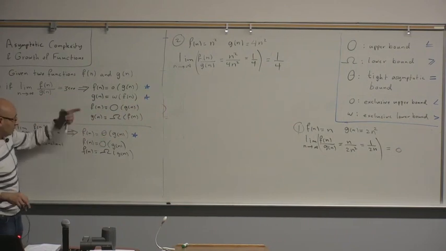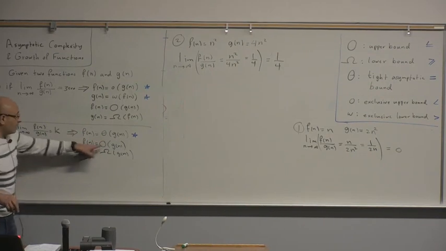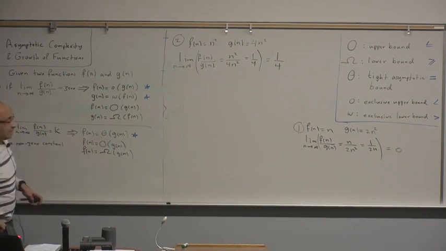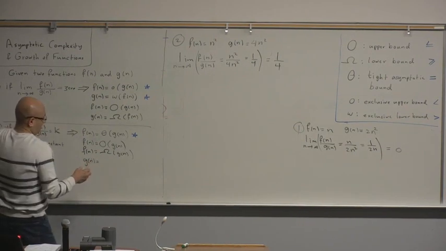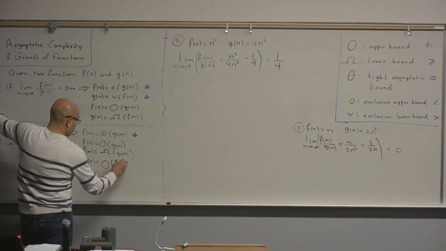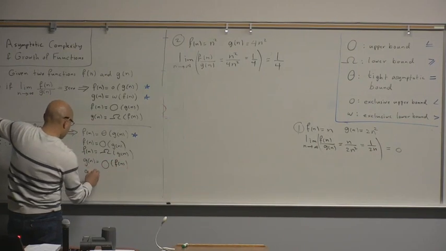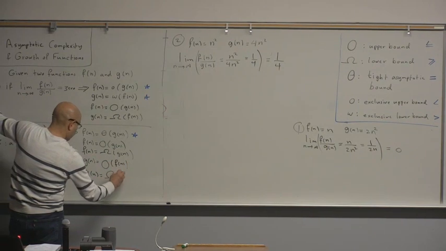They're both equal in order. You can say big O, big omega. And what else can you say? You can say that g of n equals big O of f of n, and you can say that g of n equals big omega of f of n.